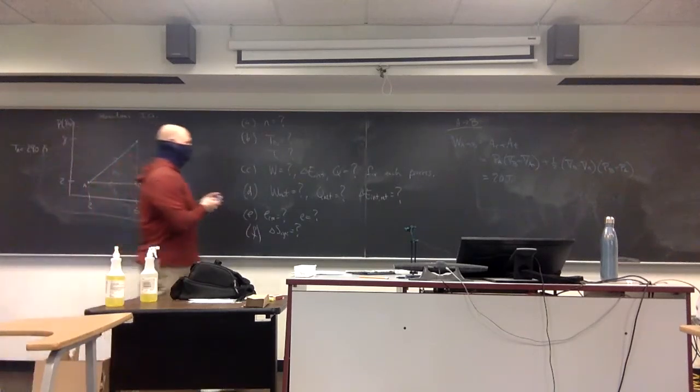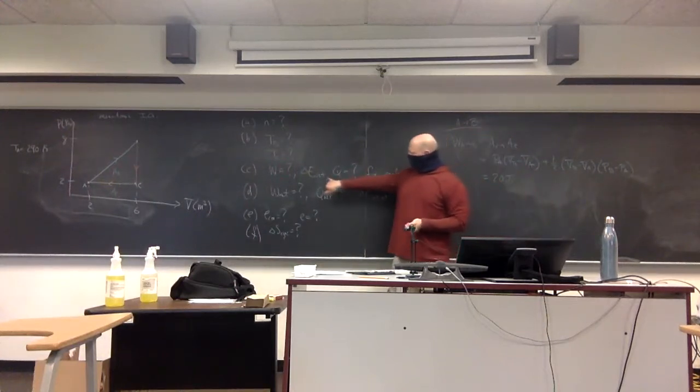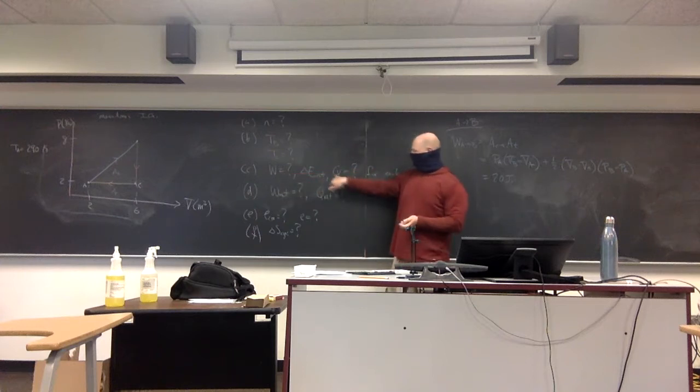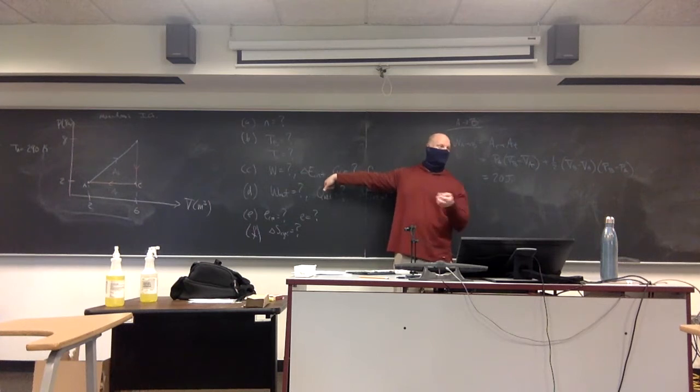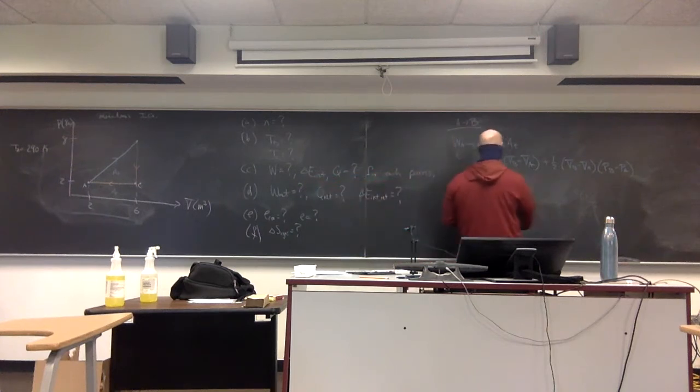Let's now look at, so we did a problem similar to this before where, remember, these two are related to this one by the first law of thermodynamics, which means we have to determine one of these two first. Since this is not a special process, this is simply a gas changing its temperature, we know the internal energy is simply related to the temperature. Since we already calculated the temperatures, let's look at the change in internal energy first.